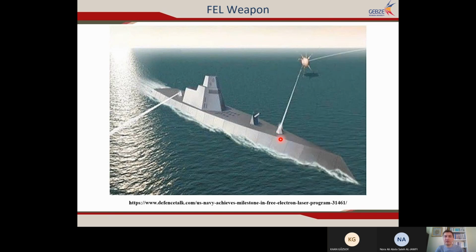So very cheap. Of course, it has some disadvantages compared to the conventional missiles, but very useful. And the United States Army and also armies of some countries are working on this to use these free electron lasers to defend their military vehicles. And you can also find many videos on this issue on the internet.